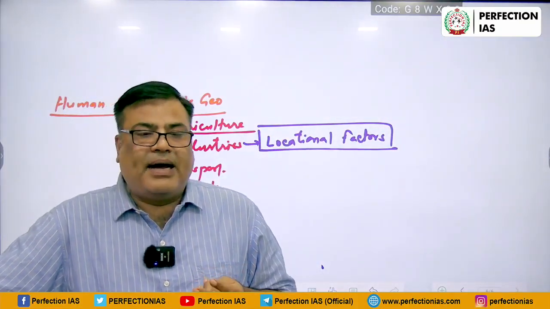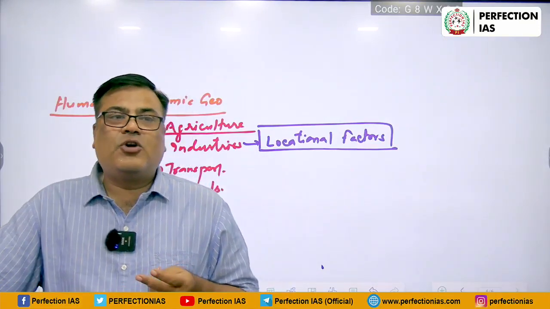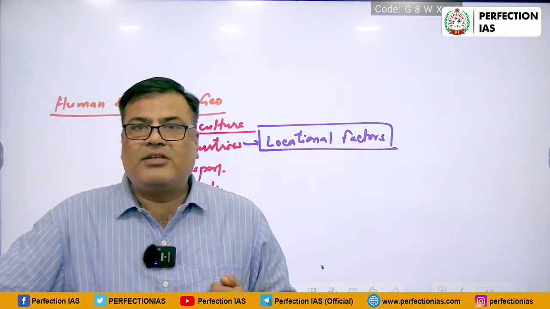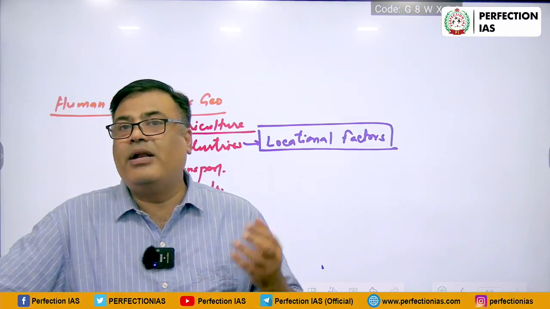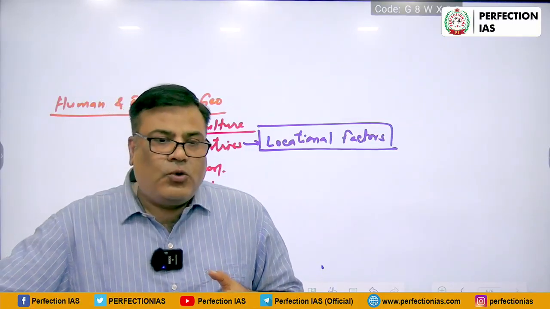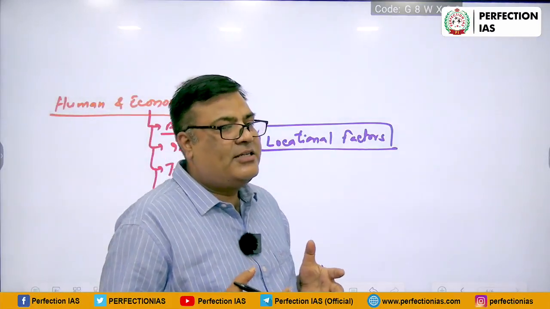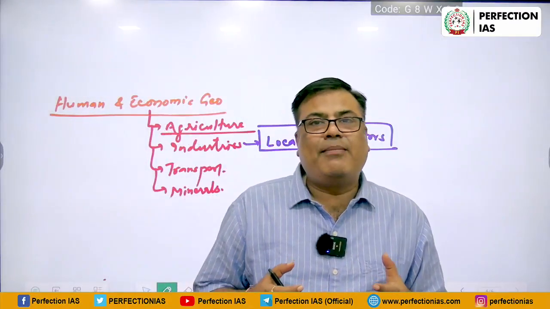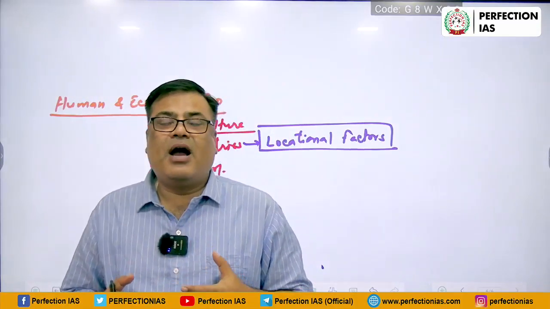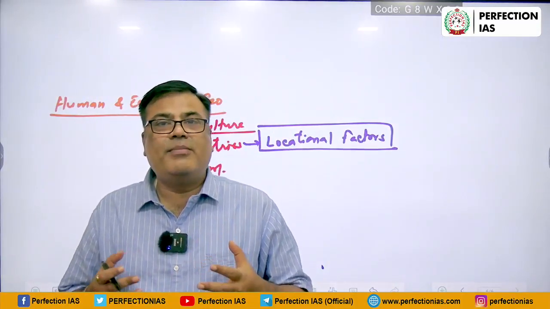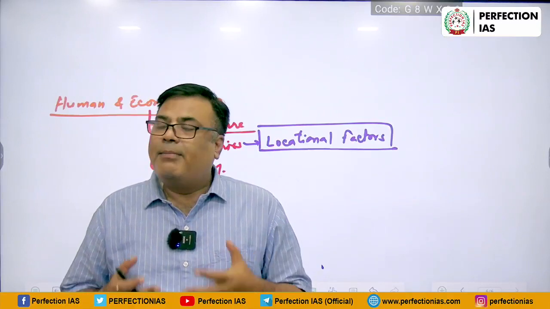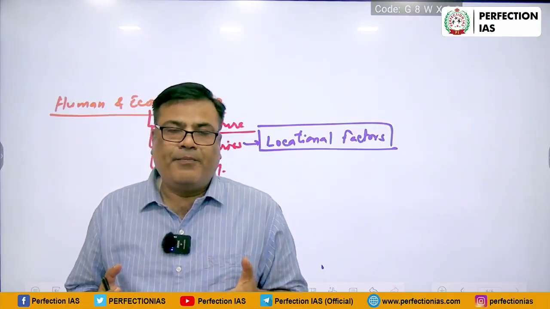For example, you will find that most of the industries are located in Maharashtra, in Gujarat, in Tamil Nadu, in Karnataka. And even though the various chief ministers have tried their level best to attract new industries to be established there in West Bengal, in Bihar, in Assam, in Manipur, in Mizoram, in Tripura, Nagaland, but the industries are not coming over there.